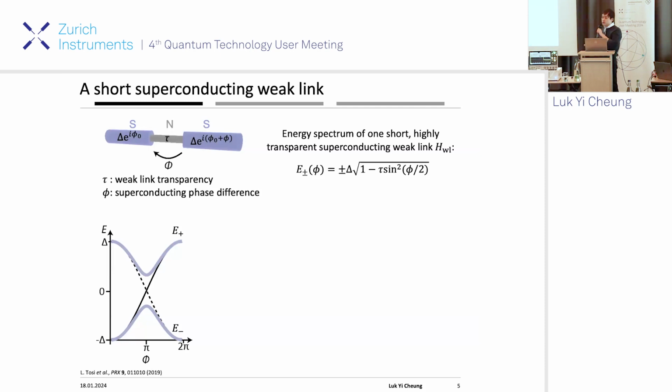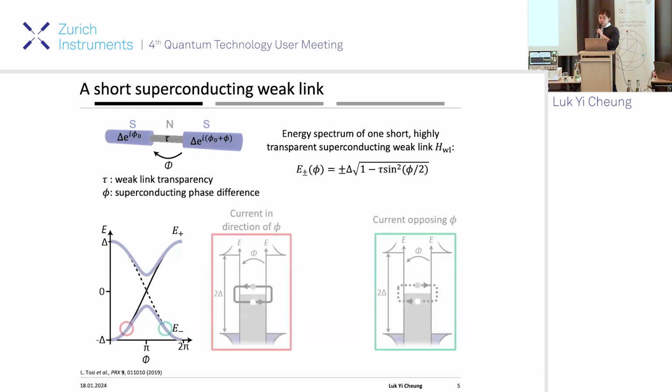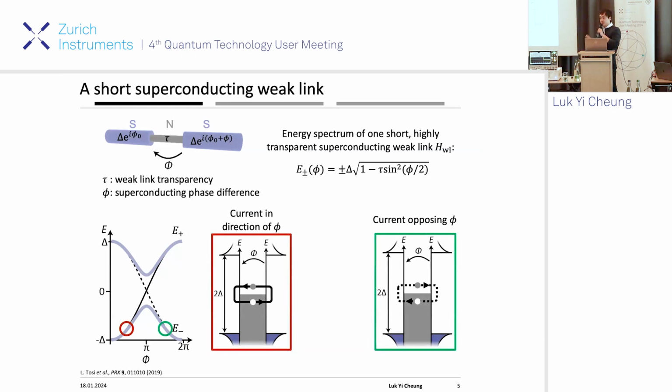Since I want to give you a bit more intuition, I'm also plotting what exactly happens inside this superconducting weak link when you are at different points on this energy spectrum. If you look at the red circle here, you see that the current goes in the left direction. It forms a bound state, an anti-clockwise bound state.